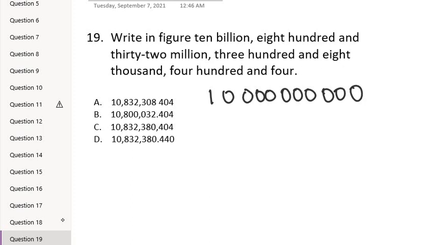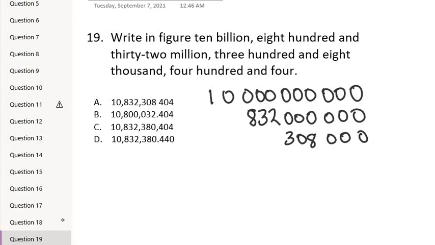Okay, so 10 billion, 832,000, 832 million, 832,000 million, 308,000, 308,404.